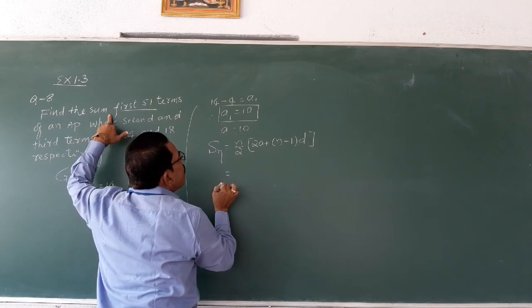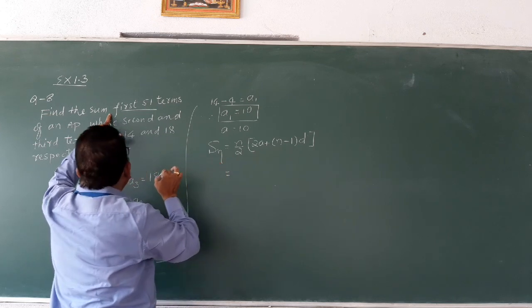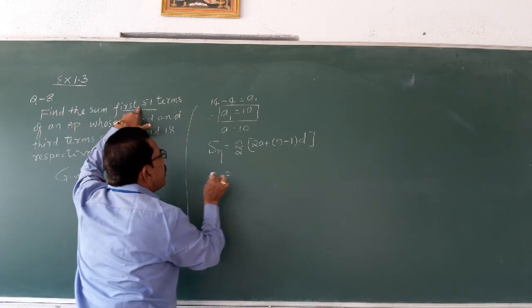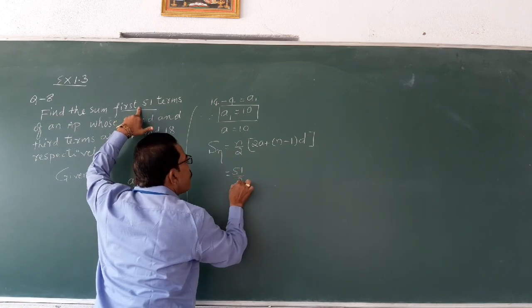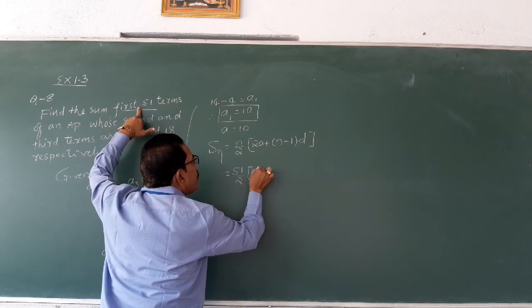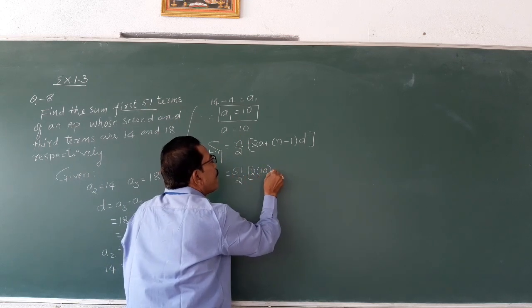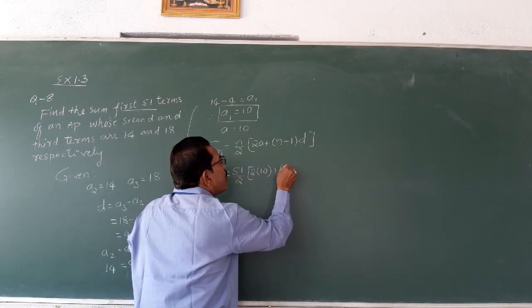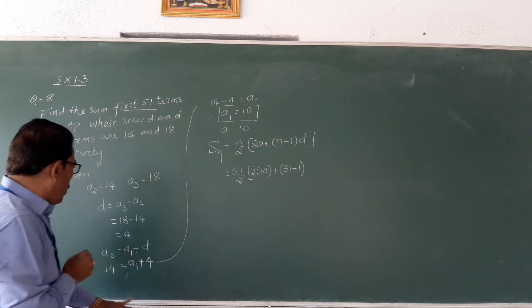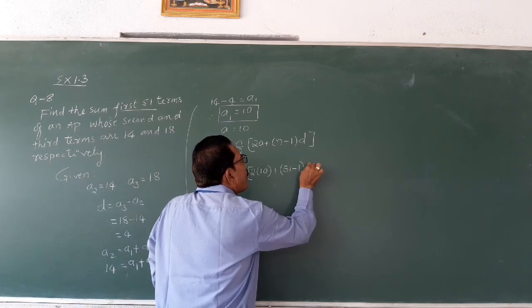So, n is 51, so 51 by 2 into 2a. 2 into a, we have calculated already as 10. Plus n minus 1, 51 minus 1, into common difference, which we have calculated as 4.